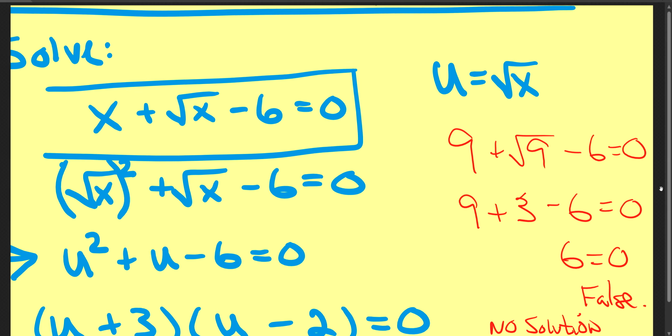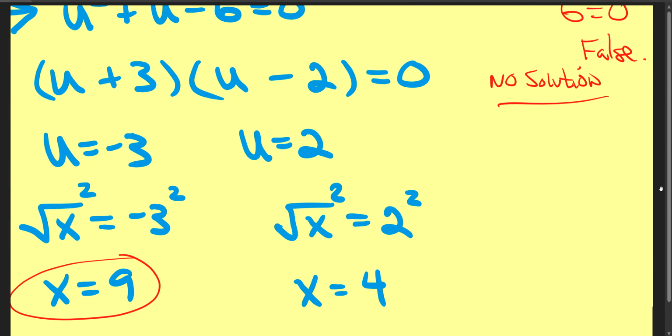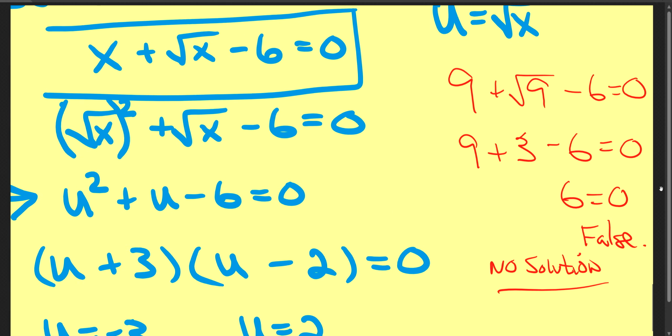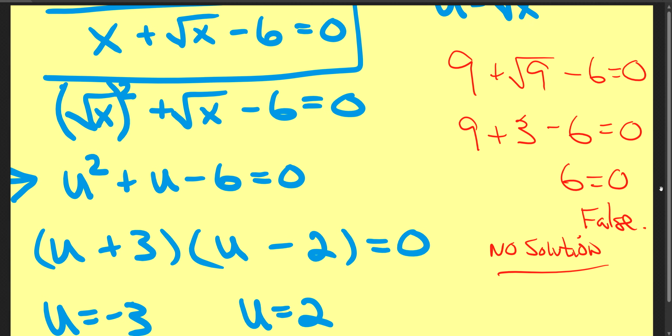If I go ahead and try out 4 for my other answer, and plug that in, then that would be 4 plus the square root of 4 minus 6 equals 0. And let's see if that's true.